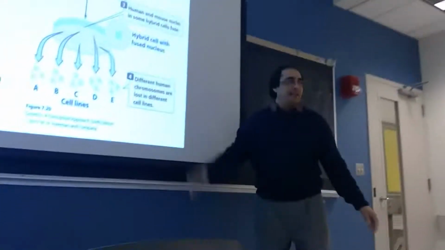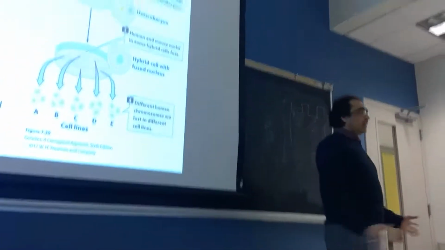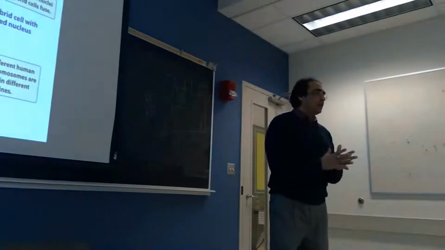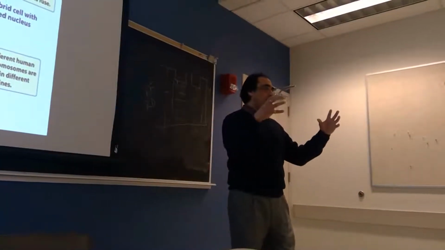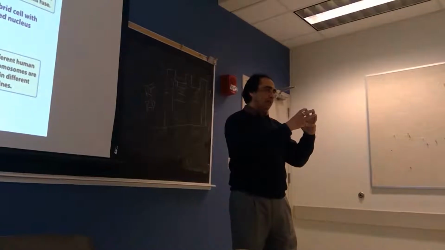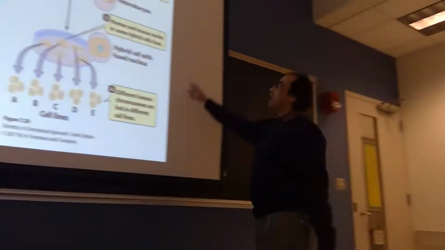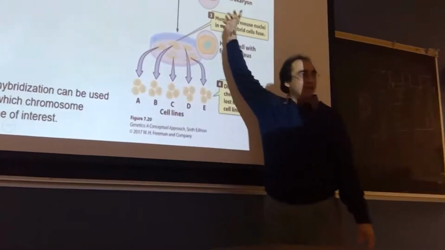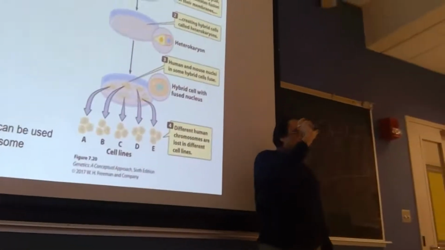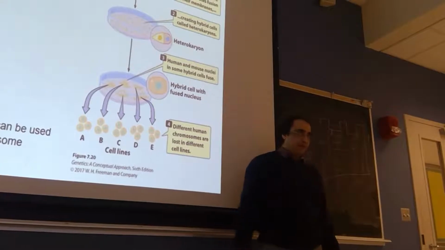We use polyethylene glycol, or PEG, and its function is to fuse those two cytoplasms into one cell. When the two are together, all the chromosomes will be together here also. This type of cell is called a heterokaryon.